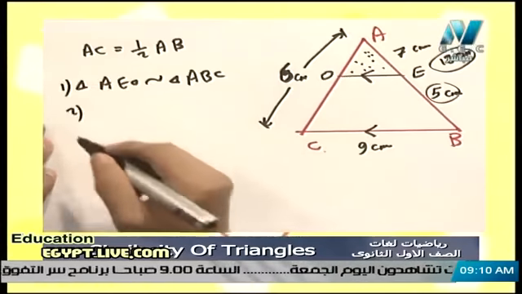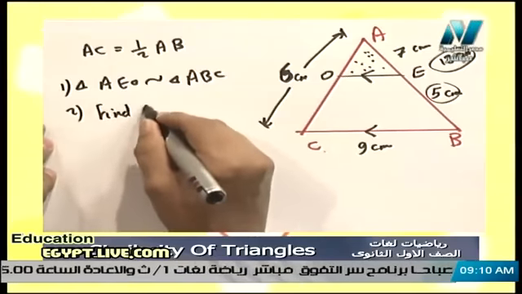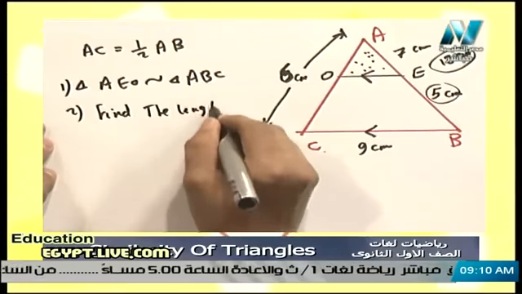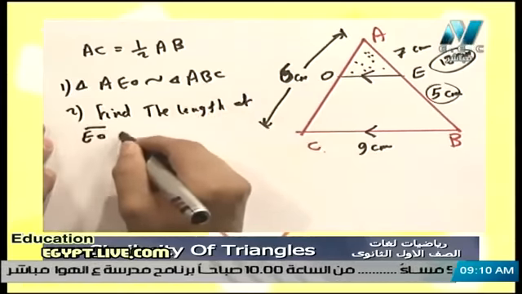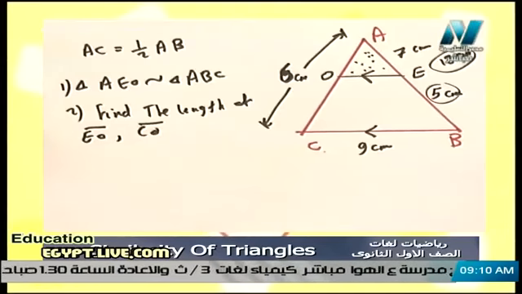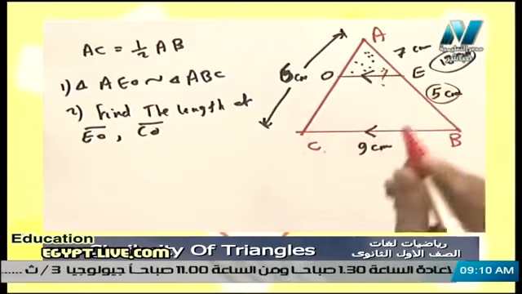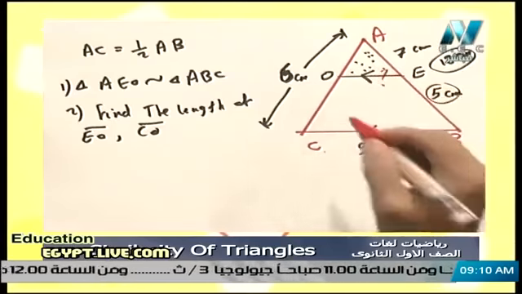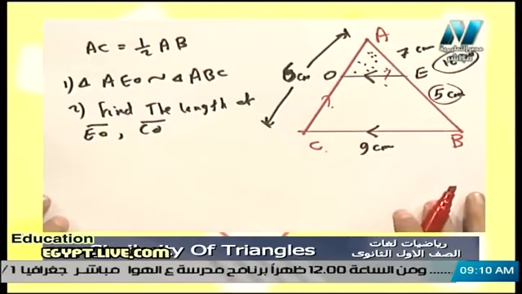The second request is to find the length of the line segment EO and line segment CO. Where is EO? Here is EO and here is CO. We would like to find their lengths.